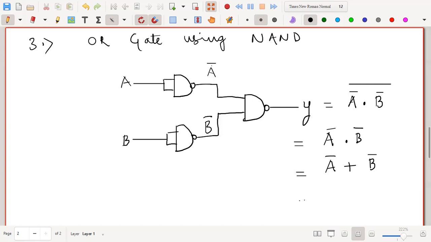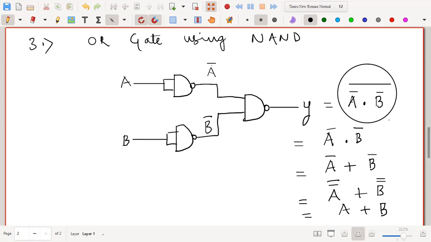And then the last step is to recomplement the individual variables. Sorry, this would be B. So A double complement is nothing but A, and B double complement is nothing but B. So this output is equivalent to A OR B. The A OR B operation is the same as this operation.